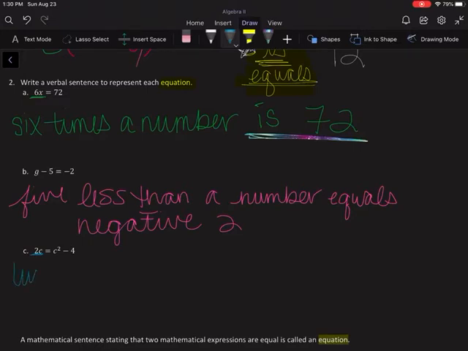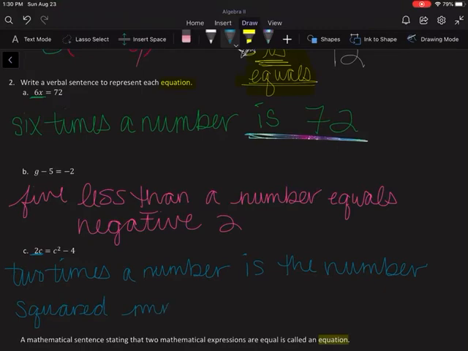We have 2 times, or the product of a number and 2, times a number, is the number n to the second power, or we would want to say the number squared, minus 4.